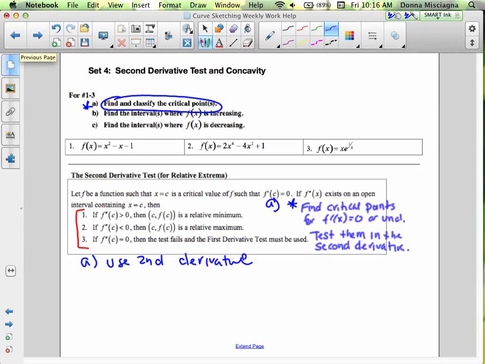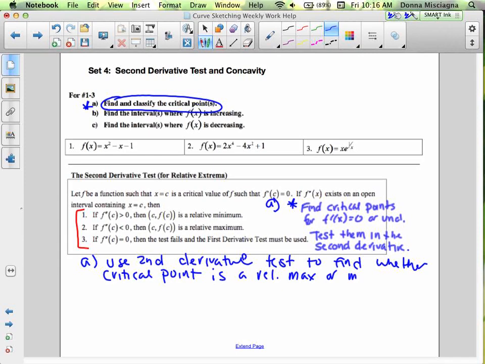So use the second derivative test to find whether the critical point is a relative max or min, and then find the y value. I put this slide together yesterday, and I guess I forgot what was on this slide.